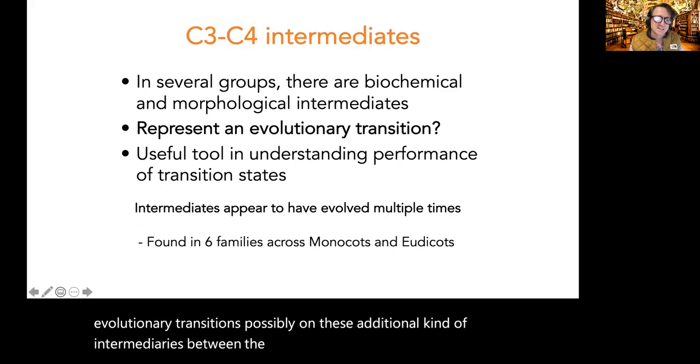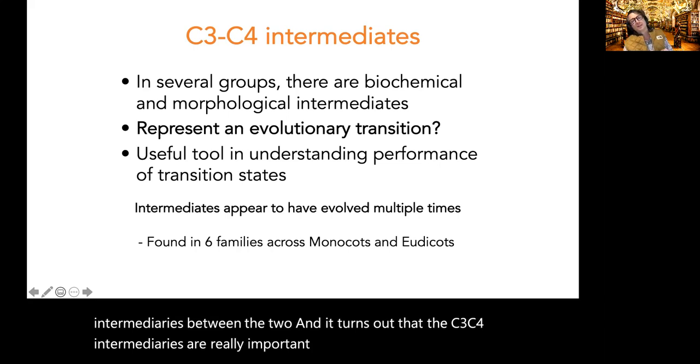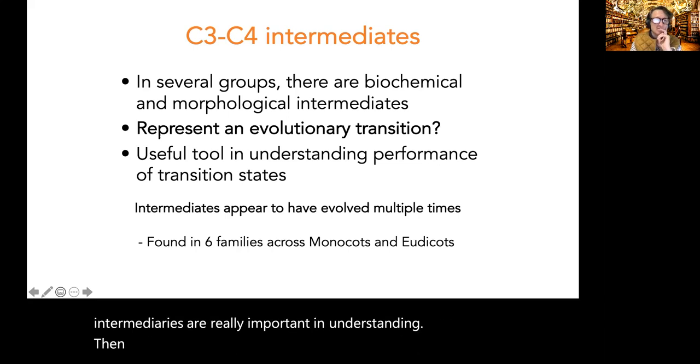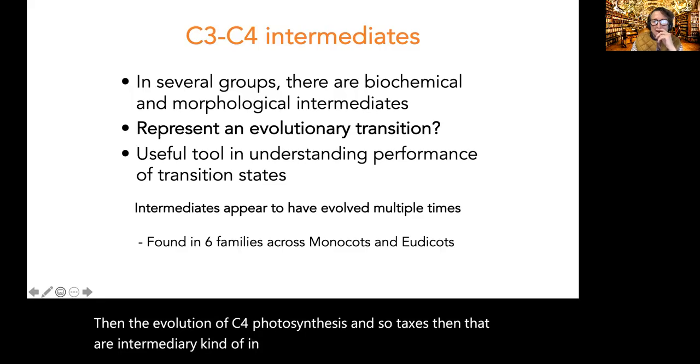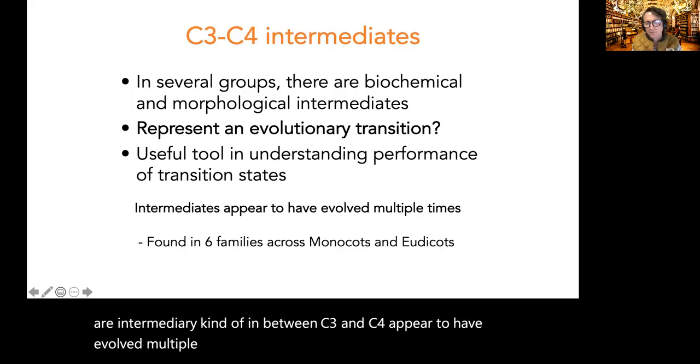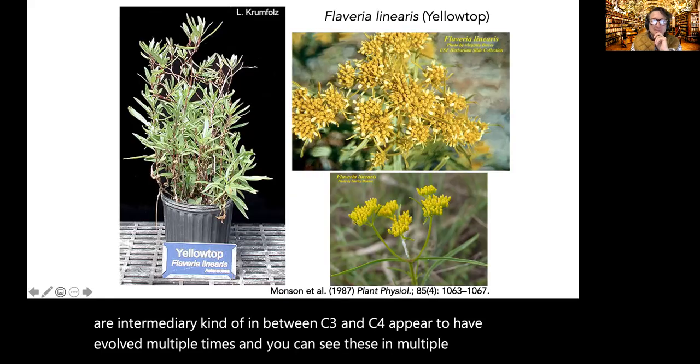And it turns out that these C3-C4 intermediaries are really important in understanding the evolution of C4 photosynthesis. And so taxa that are intermediary, in between C3 and C4, appear to have evolved multiple times. And you can see these in multiple families across the angiosperms.